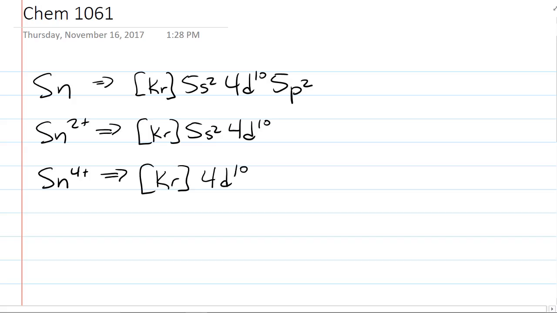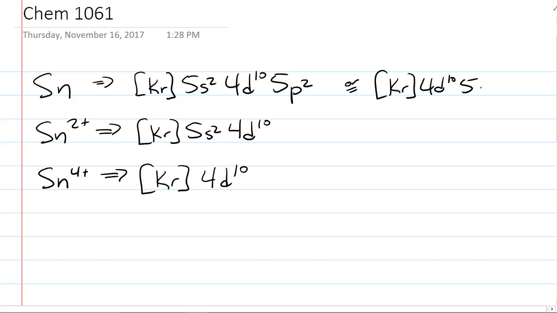Here's how it works. When we remove electrons, the electrons that always leave first are going to be the valence electrons. And the valence electrons are the electrons in the outermost energy level, so in this case, the 5th energy level. That might be one of the reasons why writing it in the order of increasing distance from the nucleus would be helpful.